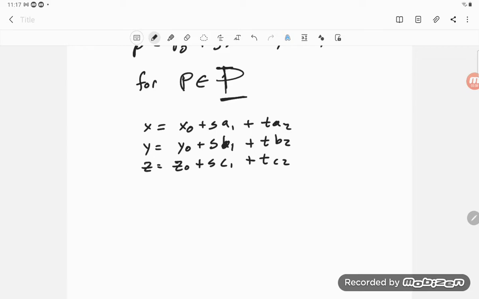So there we could write a plane in a parametric form with 2 parameters, S and T.